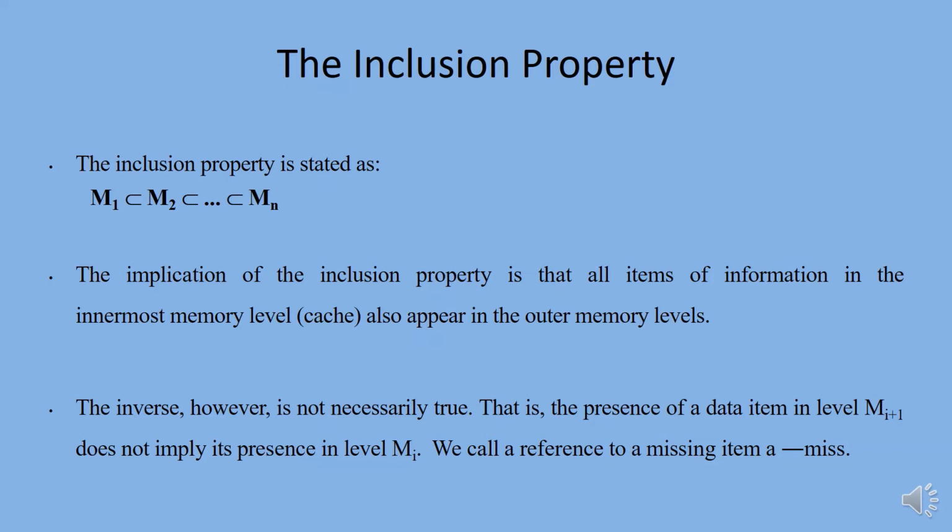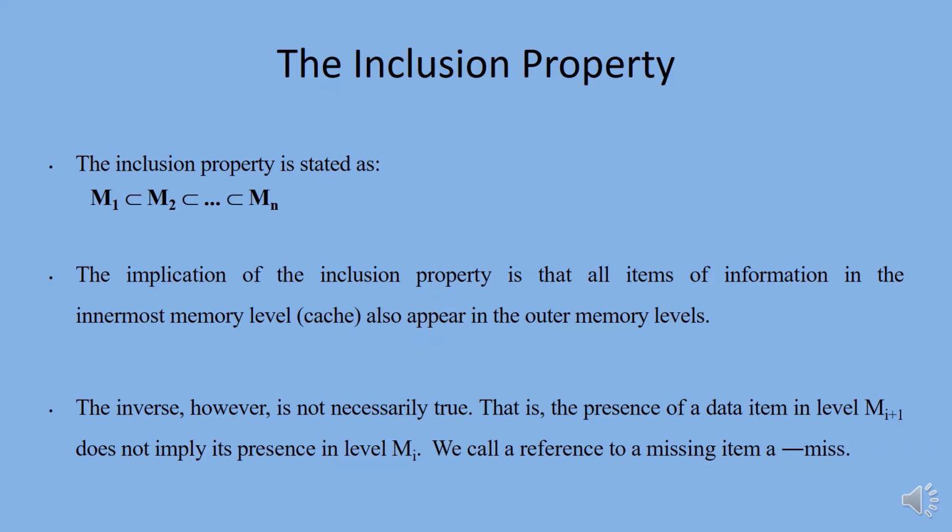The set inclusion relationship implies that all information items are originally stored in the outermost level Mn. During the processing, subsets of Mn are copied into Mn-1. Similarly, subsets of Mn-1 are copied into Mn-2 and so on.